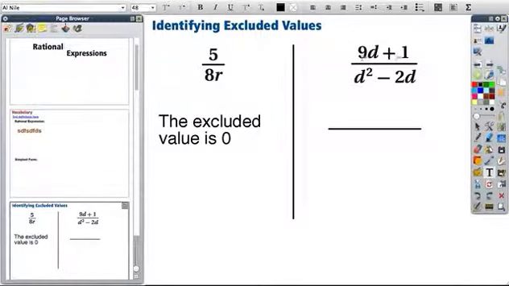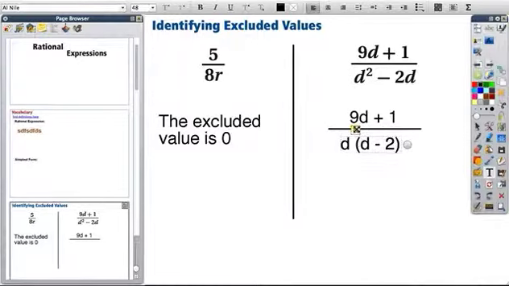Here there's no greatest common factor between those two terms, so it's 9d plus 1. Now let's look at the bottom. Here, d squared and 2d have a greatest common factor, so you pull the d out, and then inside you're going to have d minus 2.